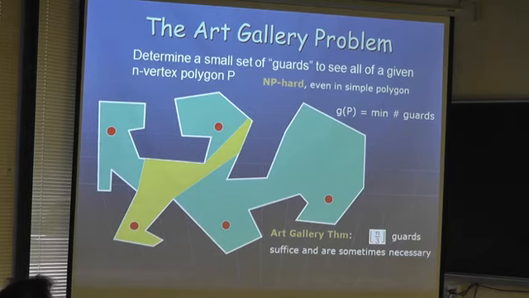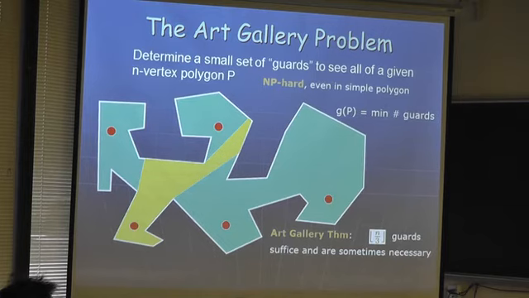And by an induction argument, he proved that any n-gon can always be guarded. N over 3 floor guards always suffice and sometimes are necessary to visibly cover an n-gon. So there have been lots of combinatorial questions of this flavor. This was the first one that arose from Victor Klee's original question.